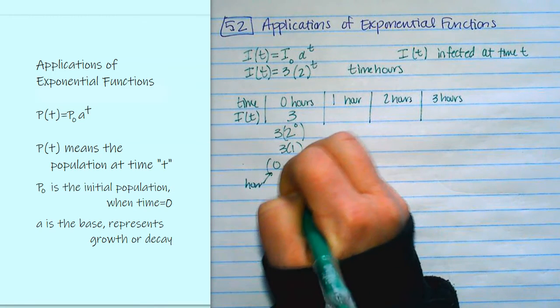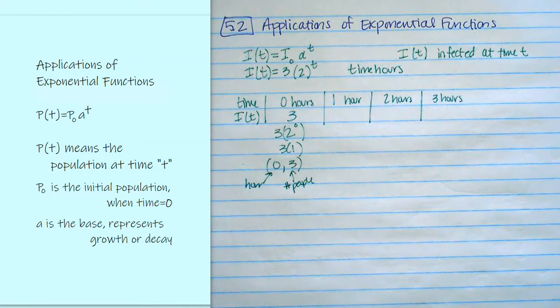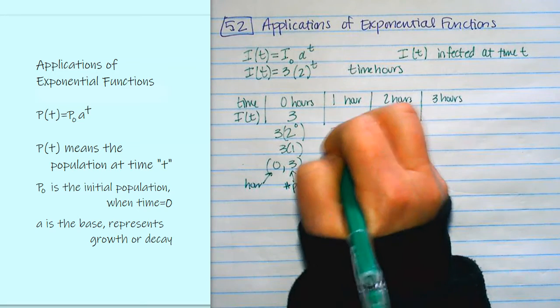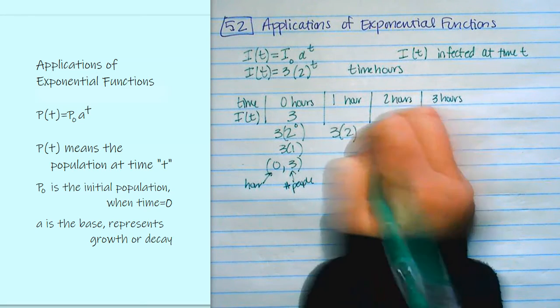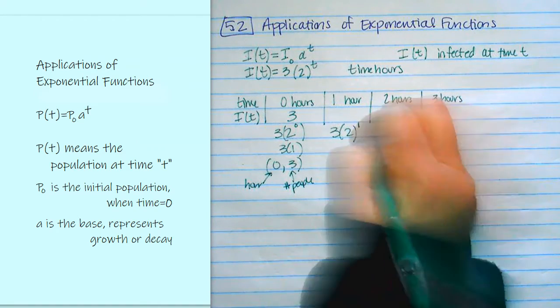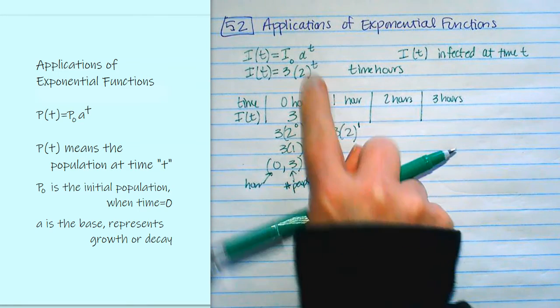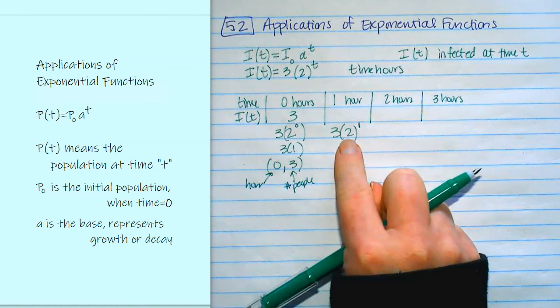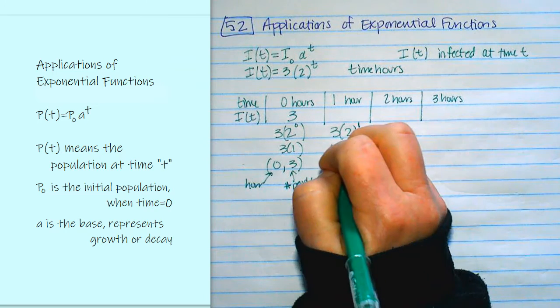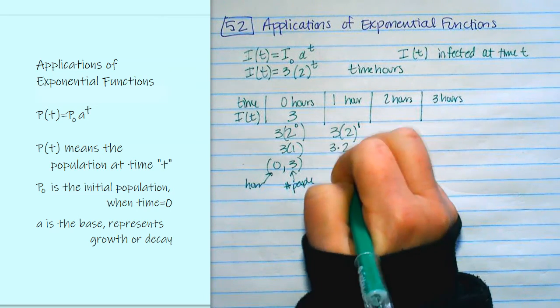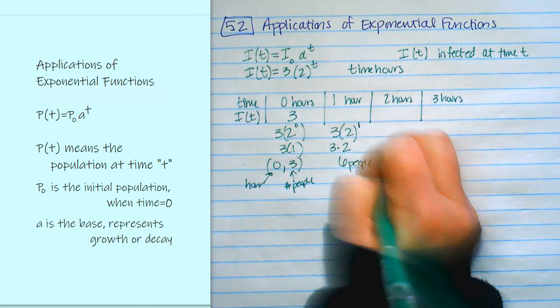In the first hour, those 3 people come in contact with 2. So we have 2 to the first power. So I'm taking my function, I'm putting 1 in for t. This is 3 times 2 to the 1. That is 3 times 2. That's 6 people now infected.